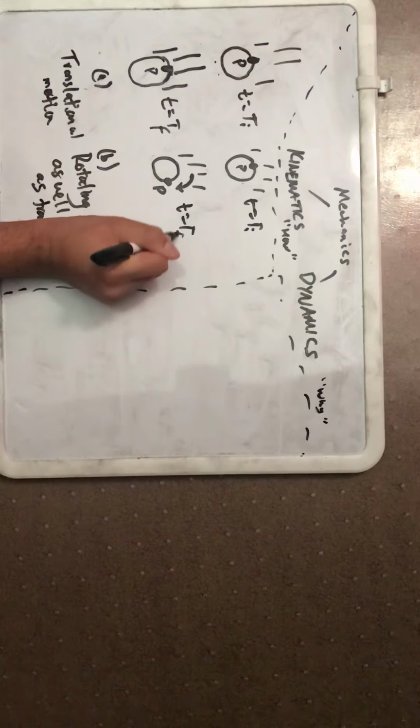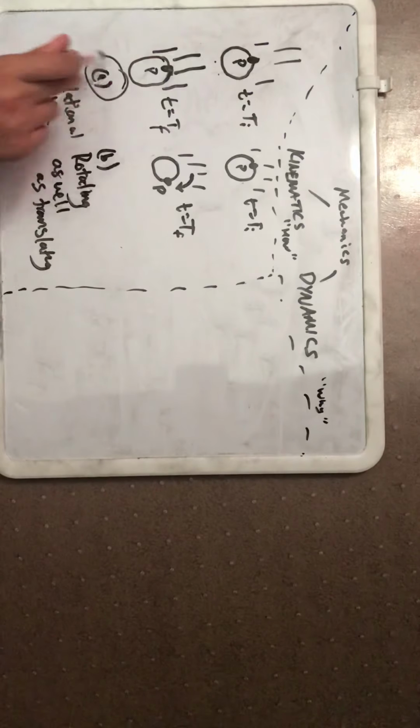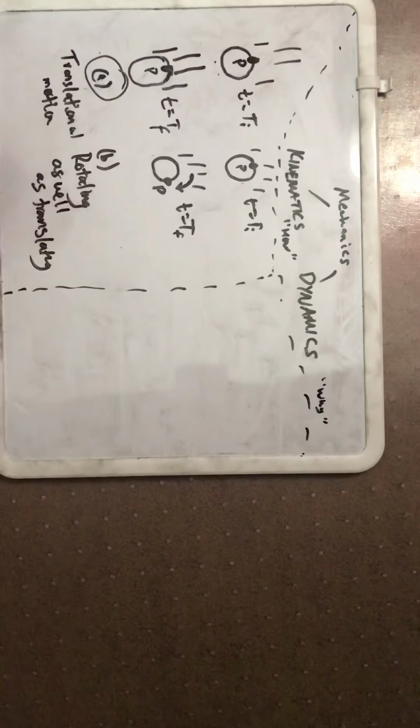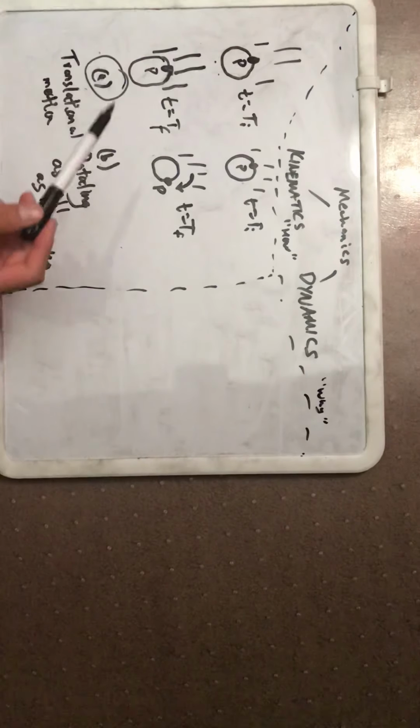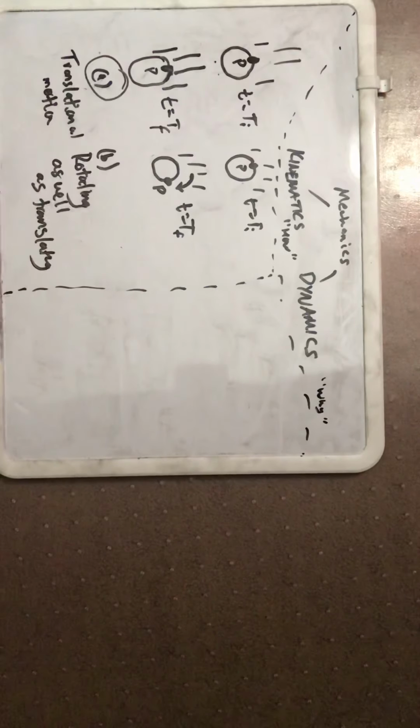So in B, you see rotation as well as translational motion. Here you only see translational motion. And A is what we're going to be focusing on in kinematics for the most part. We're going to introduce you to rotation a little down the line, but for this lesson, we're going to be mainly dealing with translational motion.